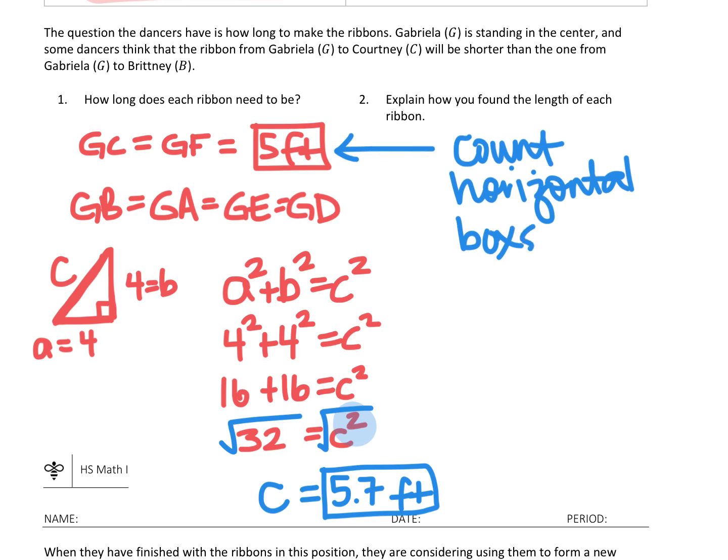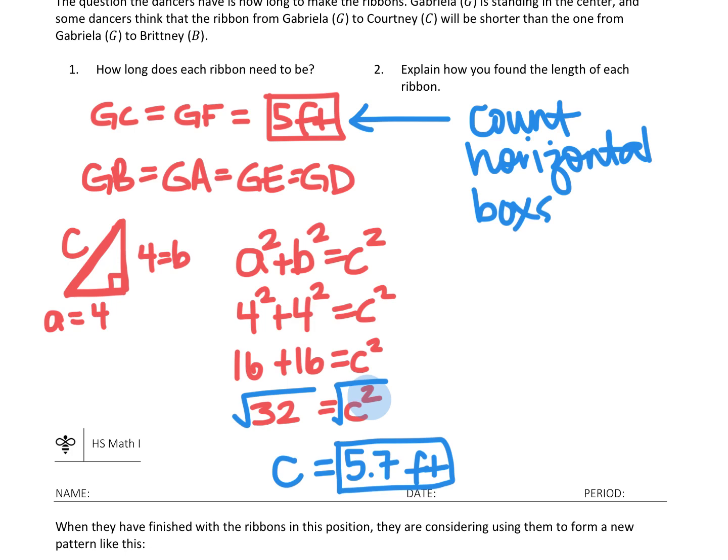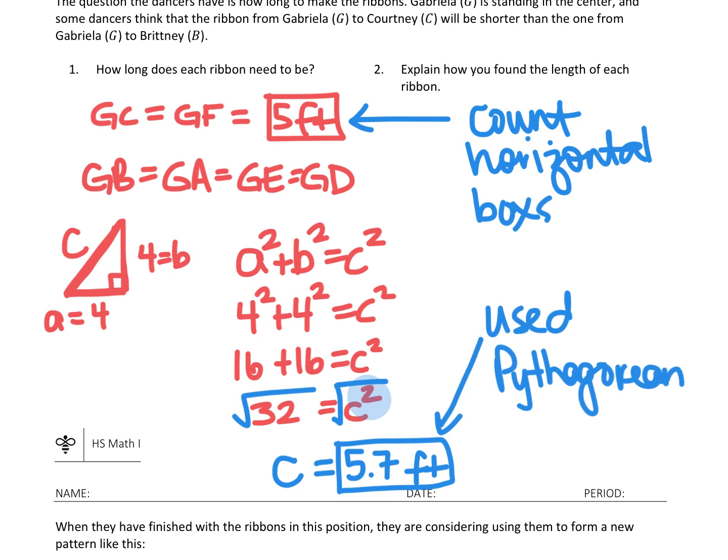But then when we found from Gabriella to Brittany and the other 3 ribbons, because they were a slanted length, we needed to use Pythagorean's theorem. And just a reminder, this only works on a right triangle, and that's why I had to draw a right triangle in around the line between Gabriella and Brittany in order to use this formula.